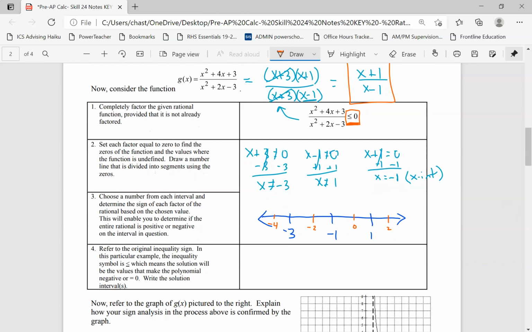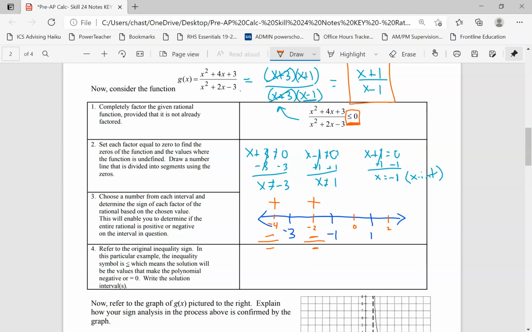If I plug in negative 4 for x, I get negative 4 plus 1, a negative number on top, and a negative number on the bottom, and two negatives divide to a positive. In the next interval, if I plug in negative 2 for x, negative 2 plus 1 is a negative, over negative 2 minus 1, which is a negative. A negative divided by a negative makes a positive.